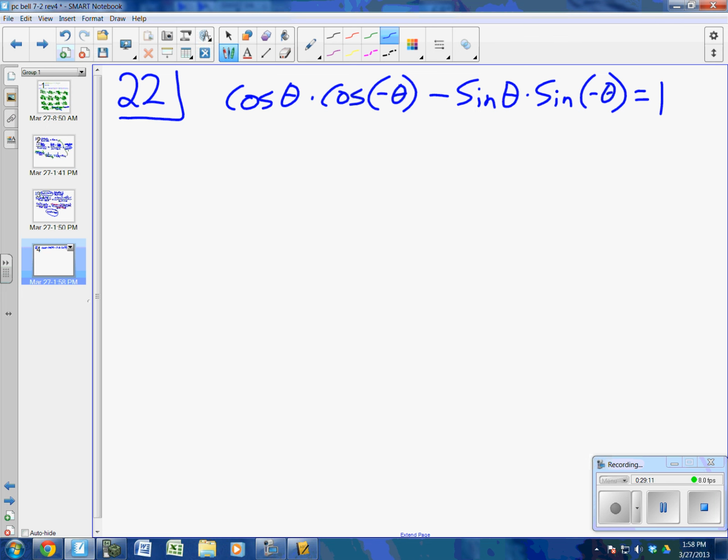I gave you this identity. What is cosine of negative theta equal to? It's equal to cosine of theta. I gave you this one the next day after I gave you the regular Pythagorean identities. And sine of negative theta is equal to what? Negative sine of theta. Well, guess what? That's going to change this sign out in front right here, right?